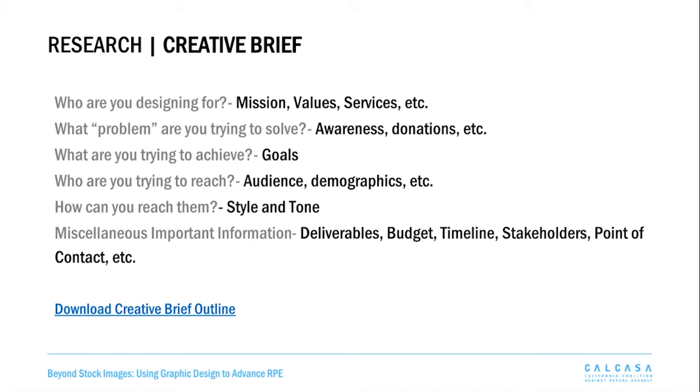It's a Calcasa material, so I know what their mission and values are, whereas depending on the project, it might be a report that's meant for our members, or it might be a new graphic meant to sway legislators to do something with budget or with passing a new law. So that's the differentiation between those two. One is who you're designing on behalf of, and then who you're designing for. Hopefully that clarifies it.